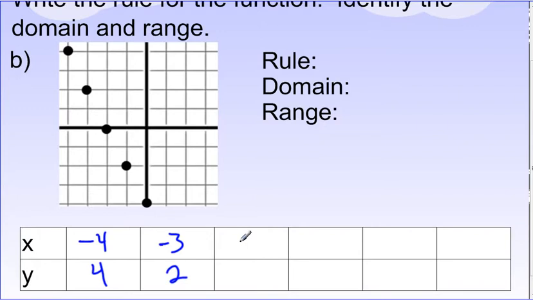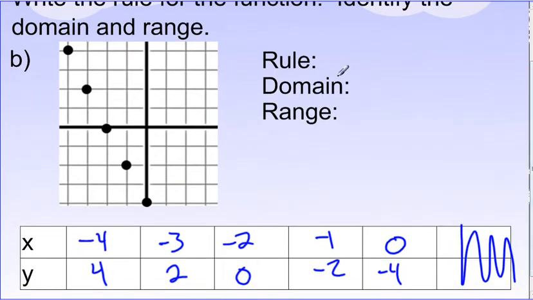X value of negative 2, y value of 0. X value of negative 1, y value of negative 2, x value of 0, y value of negative 4. And I don't know why I have an extra box here.